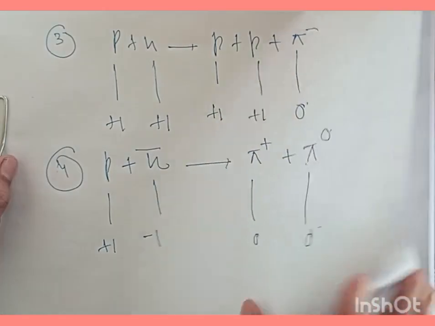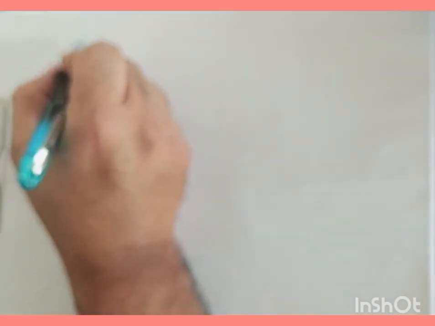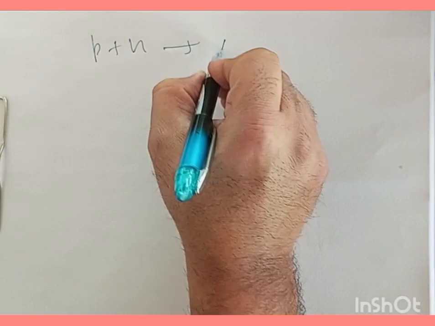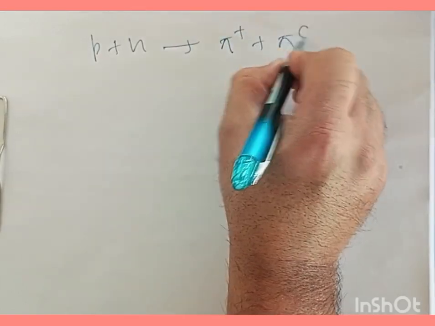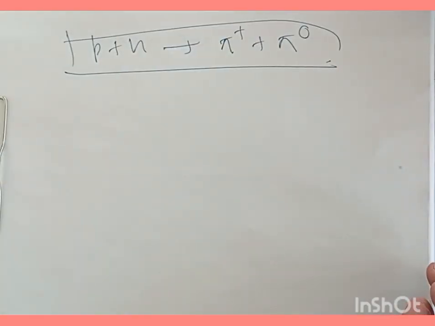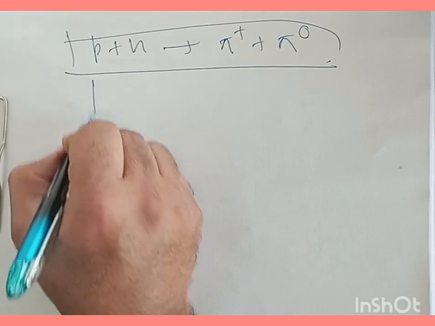Now let's take another example. Say proton plus neutron giving us pi plus and pi neutral. We have to check whether this reaction is possible in nature or not. We can go with the baryon number.